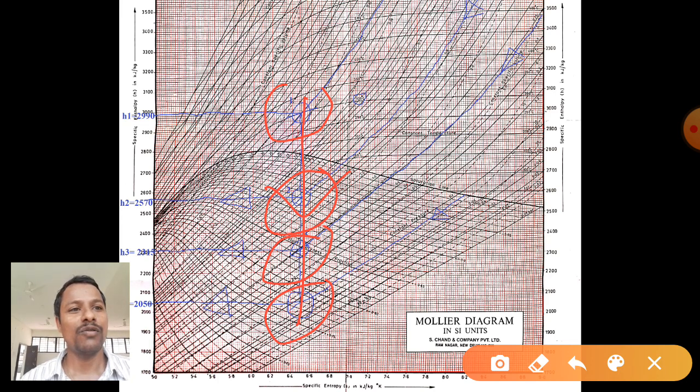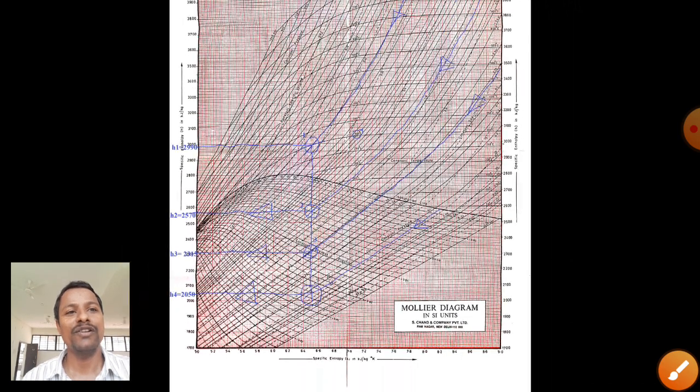Now we have all the pressures. The lowest is the condenser pressure line, these are the bleed pressure lines, and this is the first turbine inlet pressure line. These are constant temperature lines, and let us look into the values now.